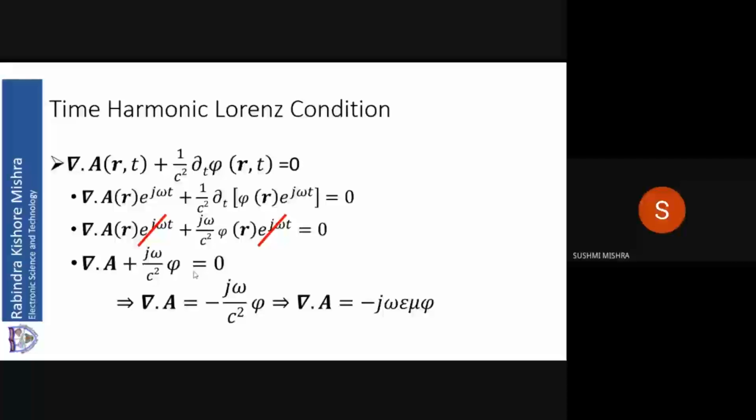Therefore, it is always better to find out the vector potential instead of the scalar potential. Find out the vector potential. From the vector potential, find out the scalar potential. We can do the other way around, but that will create problems for us, because that will involve tedious integration.